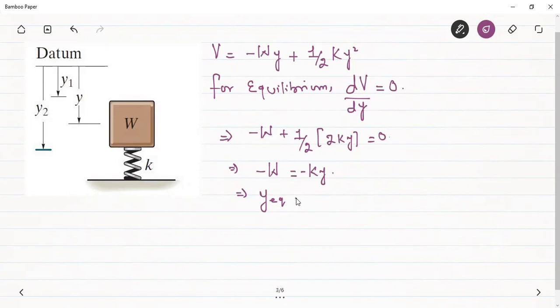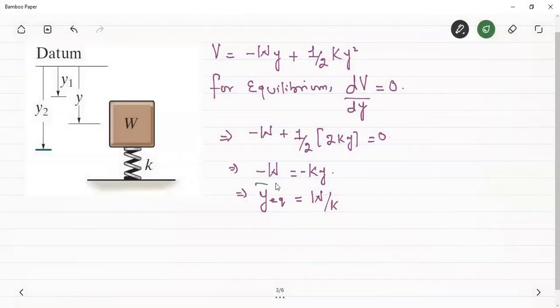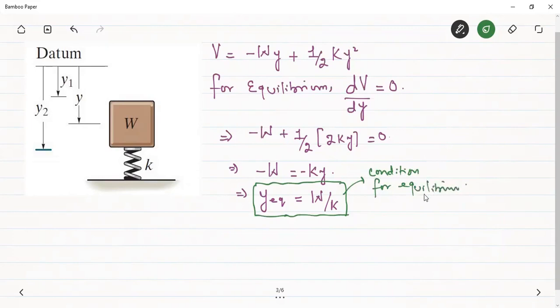So y equilibrium, the equilibrium position, will be equal to w by k. This is the condition of equilibrium. So for equilibrium, this distance y should be equal to w by k.